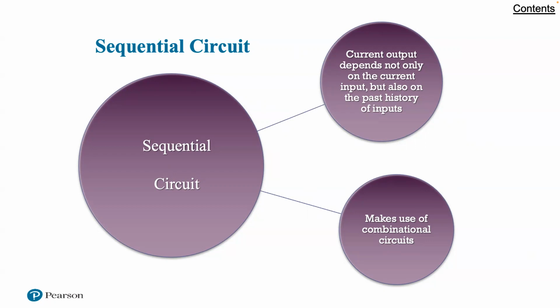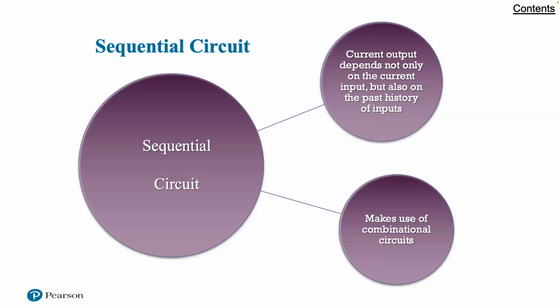The output of a sequential circuit depends not only on the current input, but also the past history of inputs. Another and generally more useful way to view it is that the current output of the sequential circuit depends on the current input and the current state of that circuit.